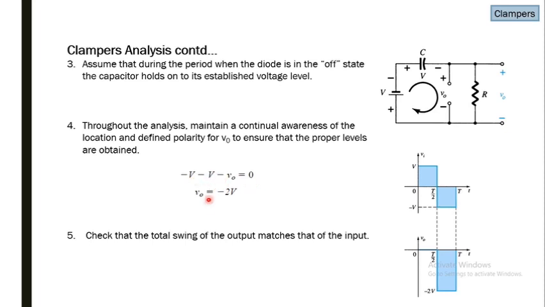Rearranging gives us V naught equal to minus 2V. That means V naught will be equal to minus 2 times V.